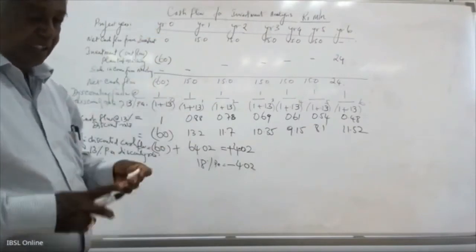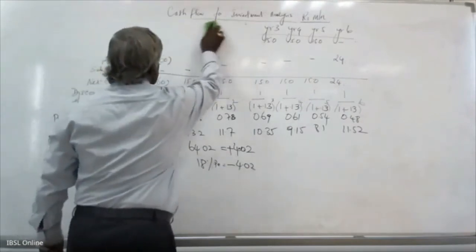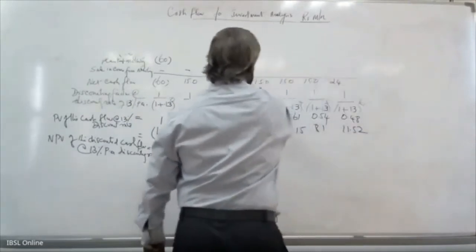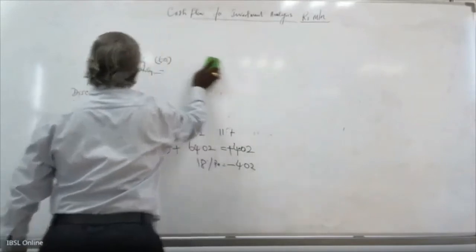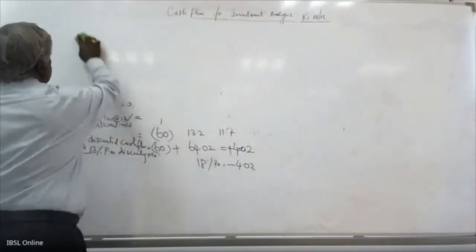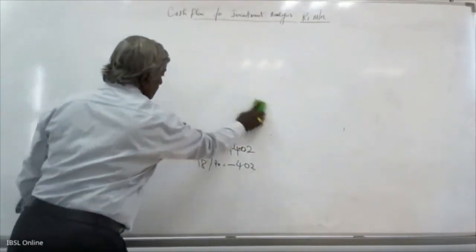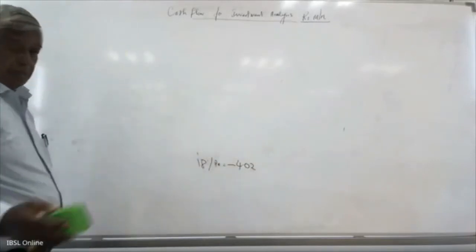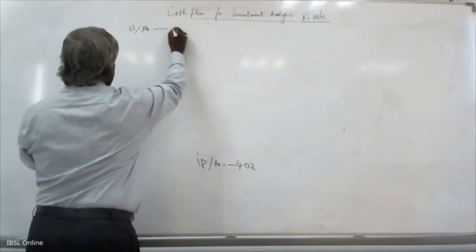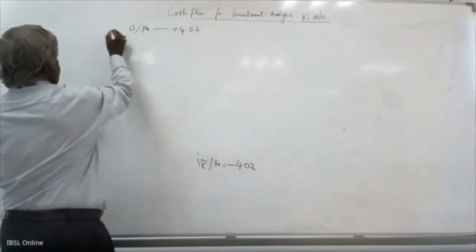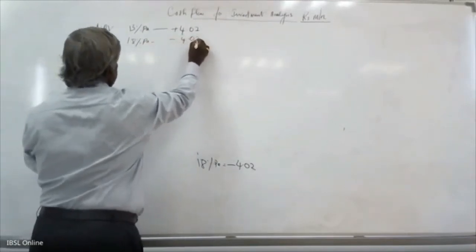Now I erase what I have written. At 13% PA, the NPV is plus 4.02. At 18% PA, it is minus 4.02, which we calculated earlier.